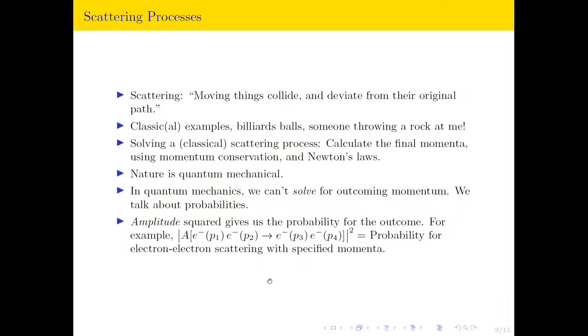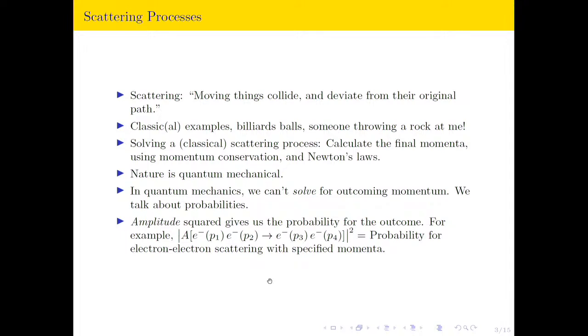So what does it mean to solve a scattering process? In simple classical mechanics, we solve for the outgoing momenta using momentum conservation and Newton's laws, and that solves the scattering process for us. But nature is quantum mechanical, and in quantum mechanics, we can't solve for outgoing momenta. So that means we can only talk about probabilities.